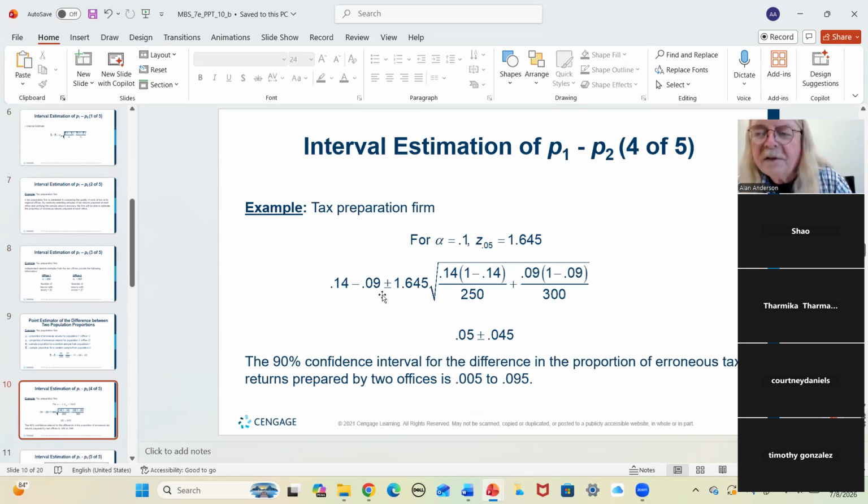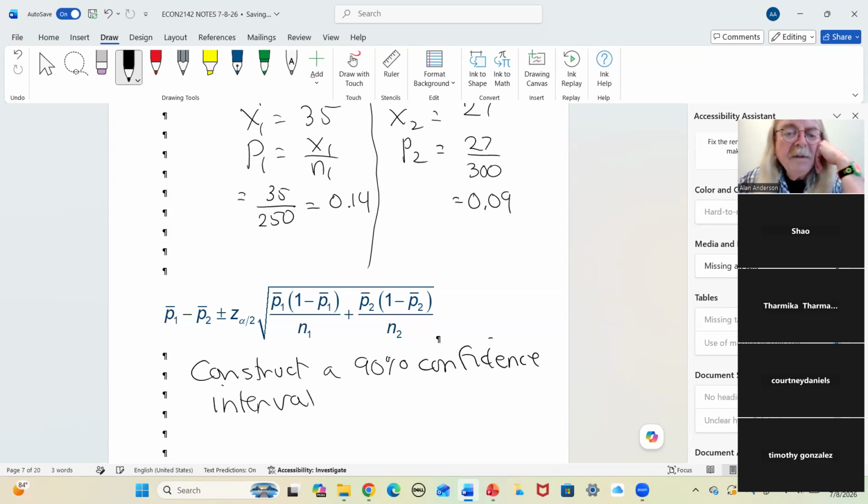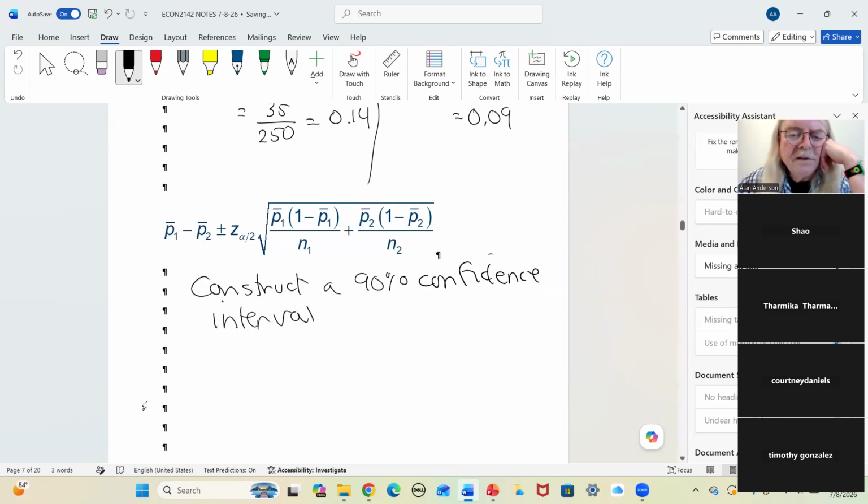Oh, no, sorry, I misunderstood. It's 90% confidence. What they're saying is to construct a 90% confidence interval. Now, remember how this works. When they tell us a confidence interval, that actually means this equals 90.